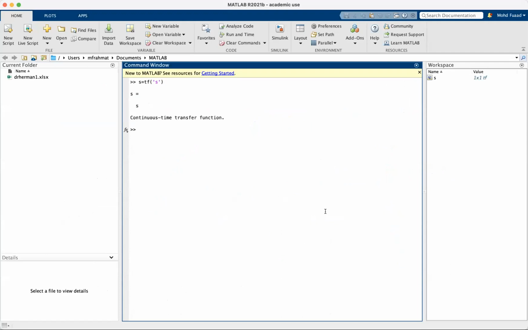The open loop transfer function G, with K equal to 1, is 1 over (s plus 1) multiplied by (s plus 2) multiplied by (s plus 10).